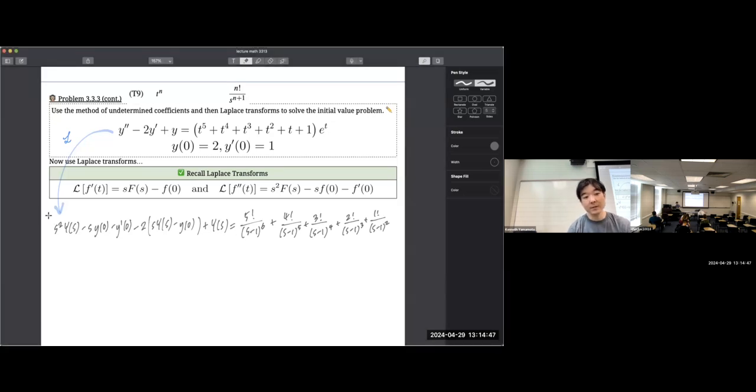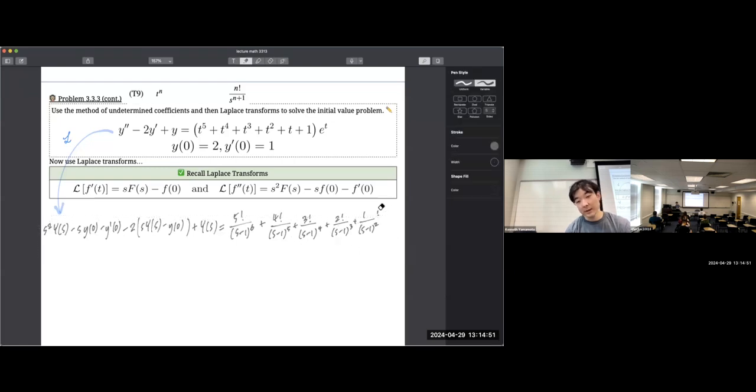I wish I had a little more space to fit all this in one line. And then the last entry is the 1, which you could think of as t raised to 0, so it would be 0 factorial over s minus 1 to the 1, which I don't have to write.